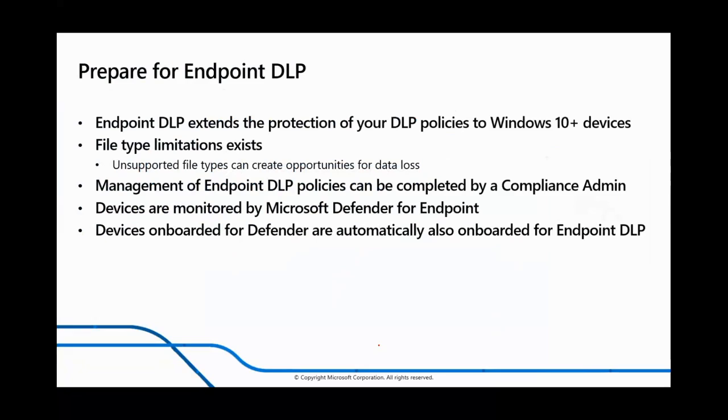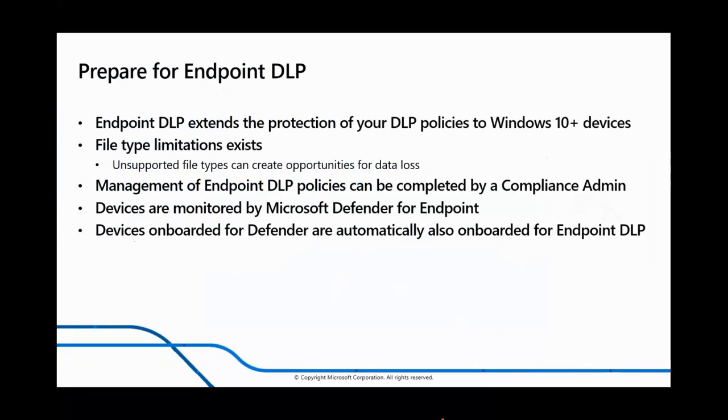This is a way to extend the activity monitoring and protecting capabilities of data loss prevention to sensitive items that are physically stored on Windows 10 devices, Windows 11 devices, again, some macOS operating systems, and additional devices. Now, we can extend the protection, but we have some limitations for this.